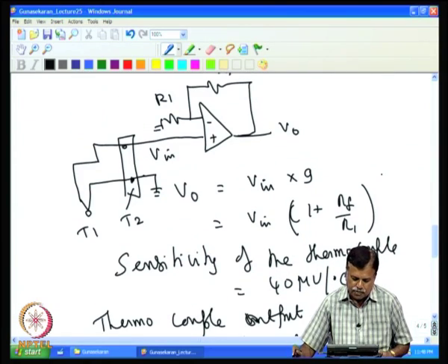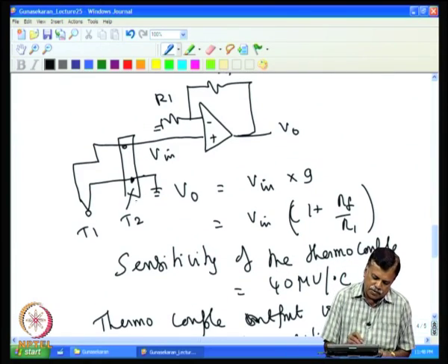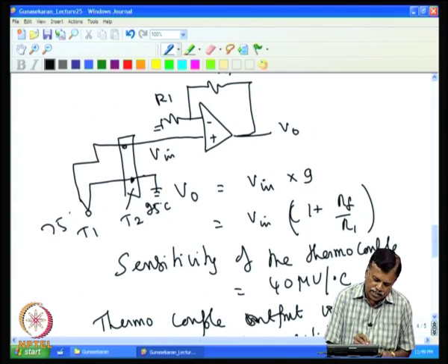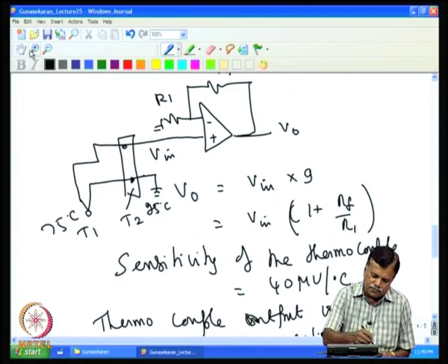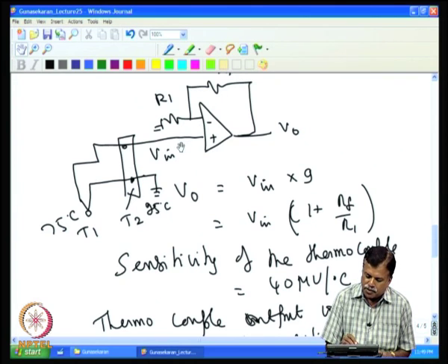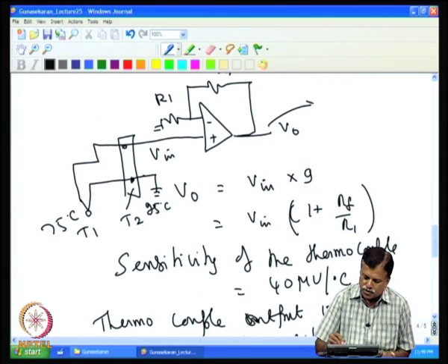If it is an ideal op amp, and this is at room temperature, say 25 degree C, and this is at 75 degree C, then the temperature difference is 50 degree, and corresponding to 50 degree this will put 2 millivolt, multiplied by 25, expected to give 50 millivolt output here.